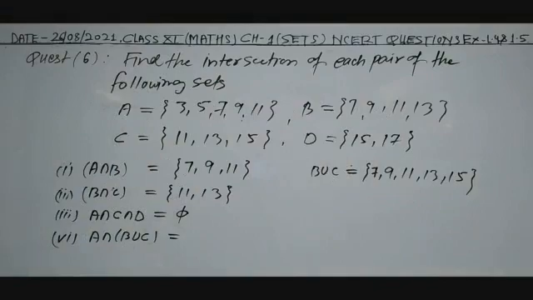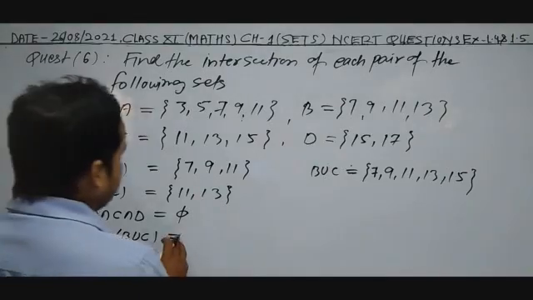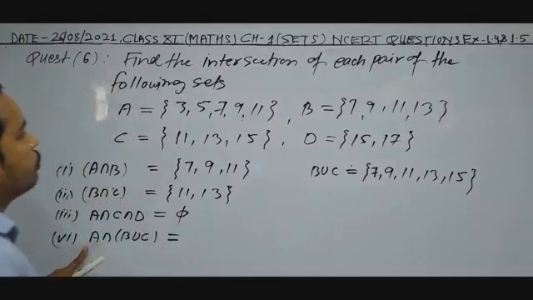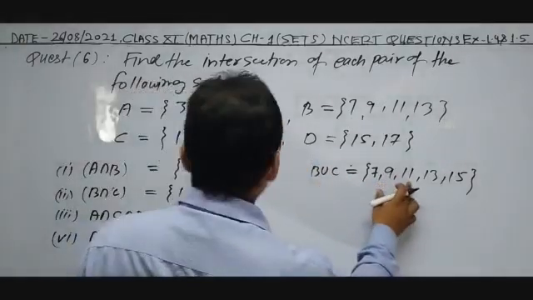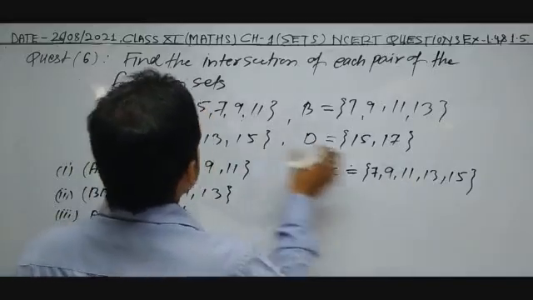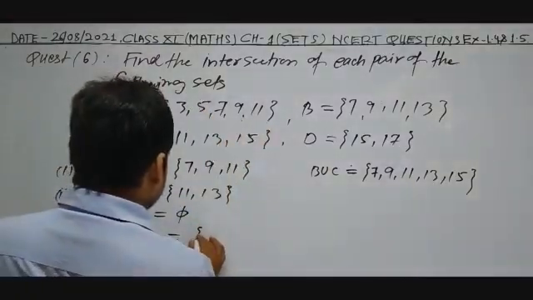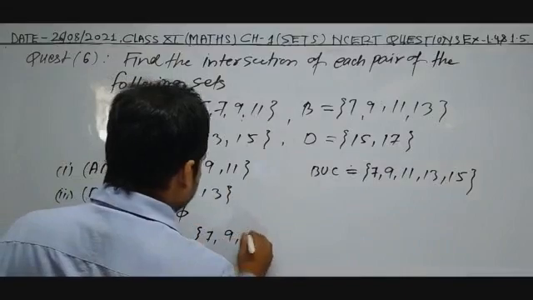Now we have to take the intersection of A and B union C. Now A intersection B union C, what will be the result? 7, 9, 11 is here. So 7, 9, 11.